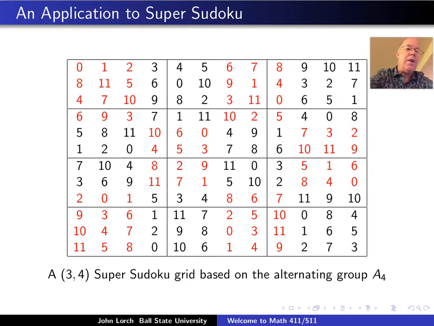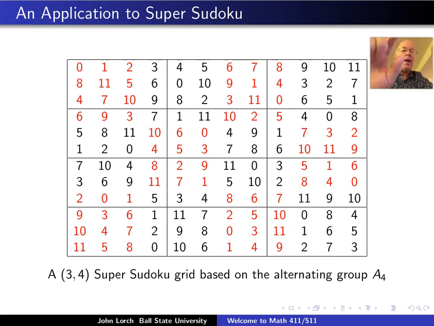Now, the grid that you are looking at on the screen is a 12 by 12 grid, and the numbers, instead of being 1 through 9, are 0 through 11. You might notice that in this completed grid there's no repetition of symbols in any row or in any column.